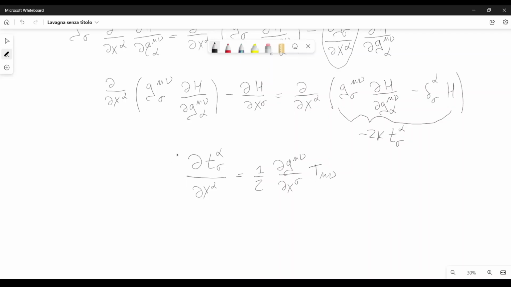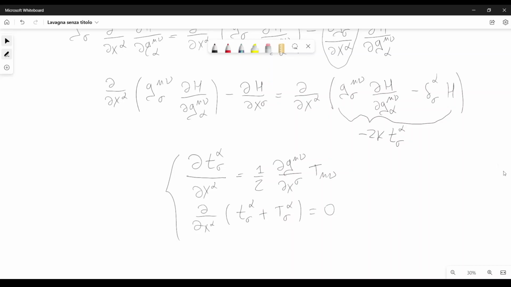But now, since we also know that this equation must be satisfied, let me write it down: the derivative with respect to x^α of lowercase t^α_σ plus uppercase T^α_σ is equal to 0.